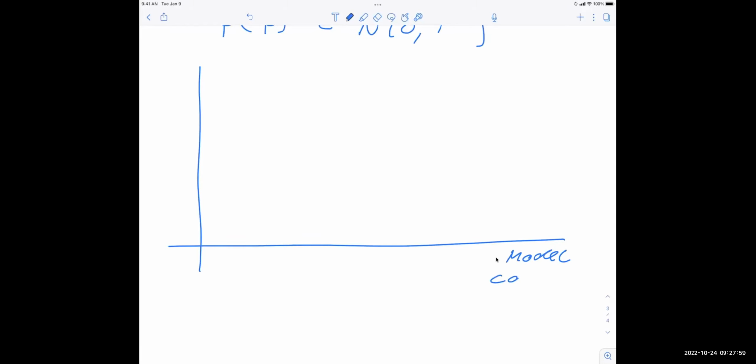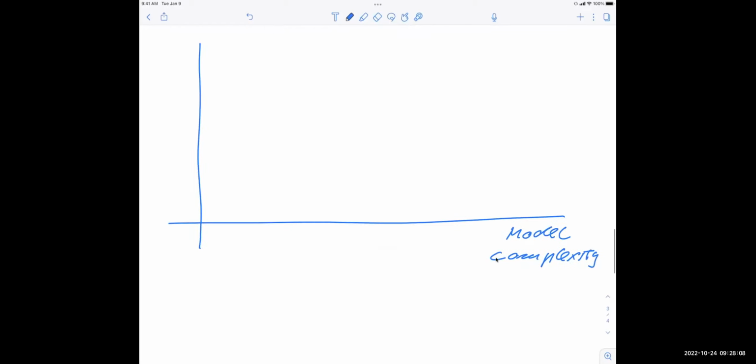So suppose we run a calculation here, and we are looking at a polynomial of a certain degree. We have on the x-axis what we call model complexity. And this could be a polynomial to a certain degree. So let us assume, like in this case, we are fitting a function f of x to a polynomial of degree 4.